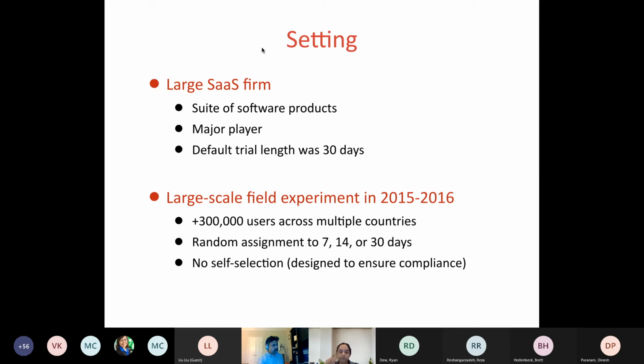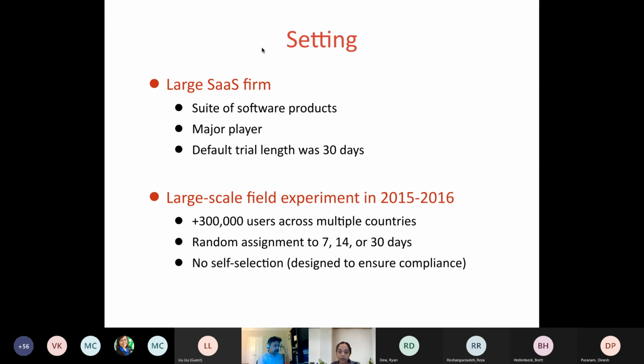But this experiment was well designed and well implemented, so people came in, downloaded the software, and only after they downloaded and started their free trial were they told whether they were in the 7, 14, or 30-day condition. So that gets logged, rather than you not seeing people who looked at 30 days and didn't even bother to download it, let's say.